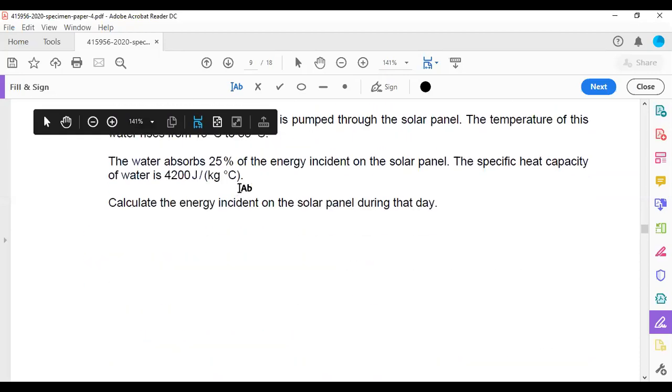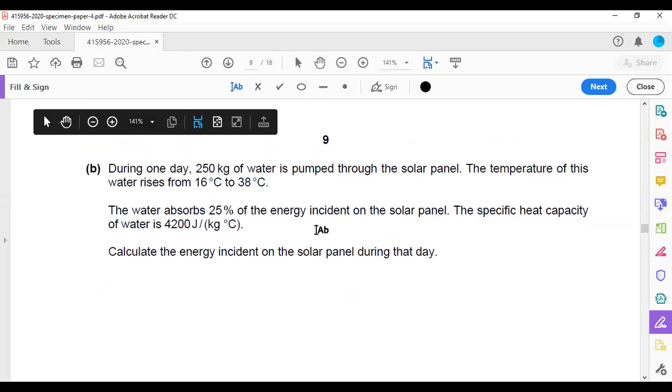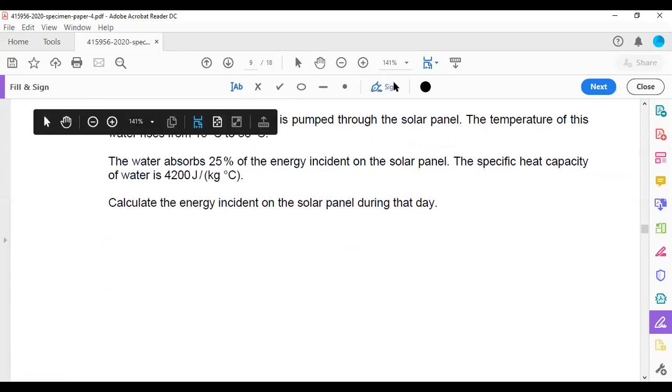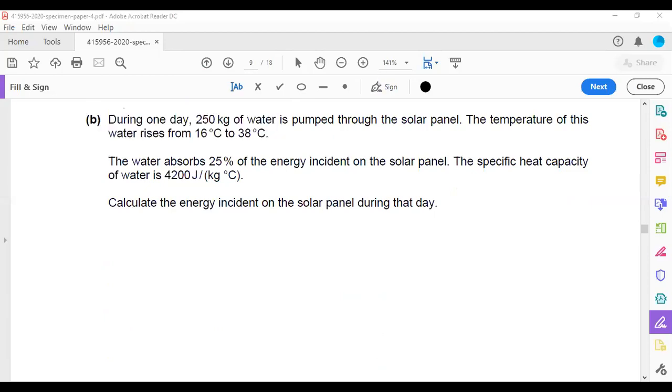So let's go back and see where the information is. The first thing they give us is the mass of the water.